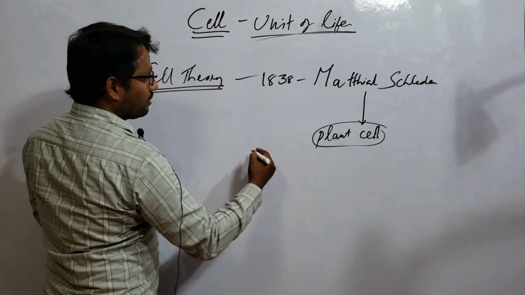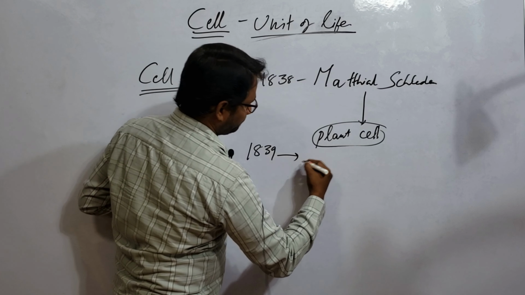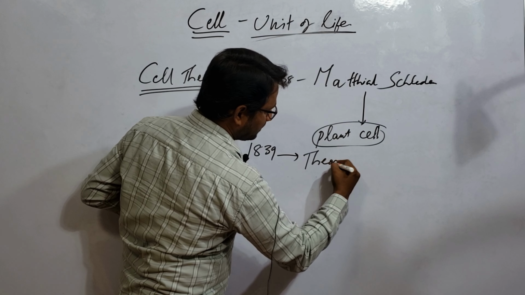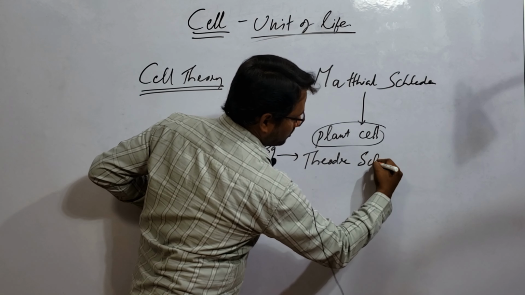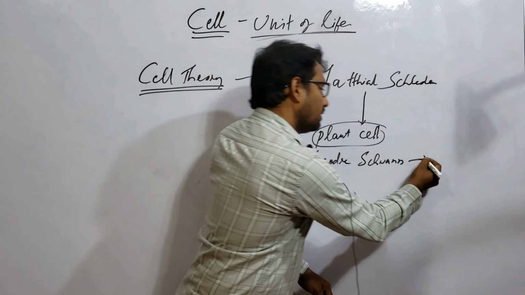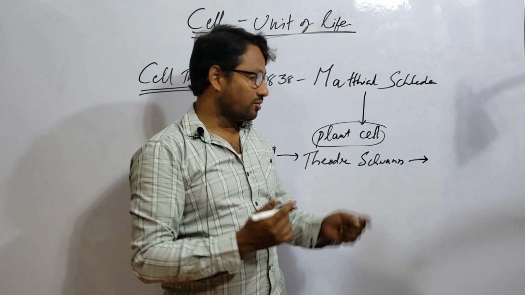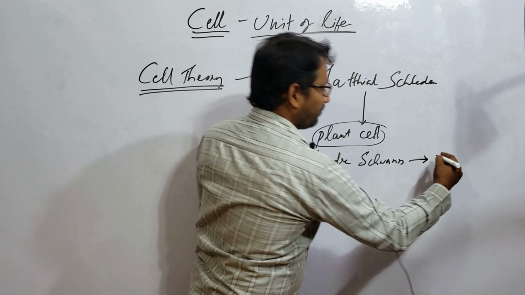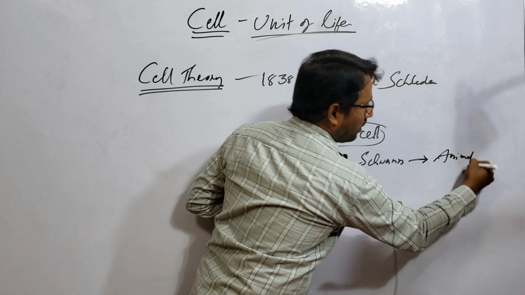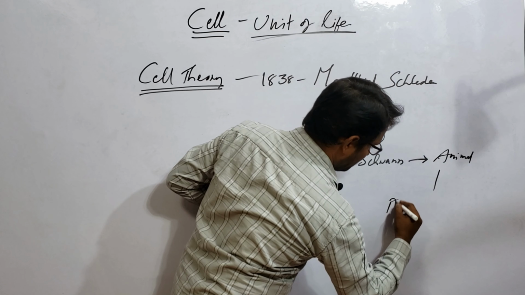During the same time, around 1839, a British zoologist, Theodore Schwann, observed cells in animals and found each cell has an outer thin layer, which is today known as the plasma membrane.